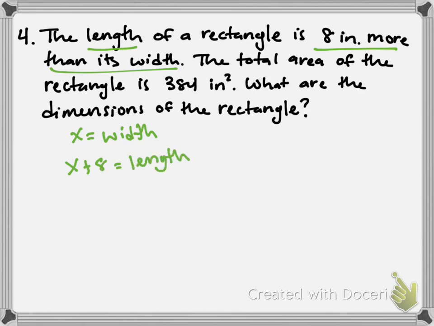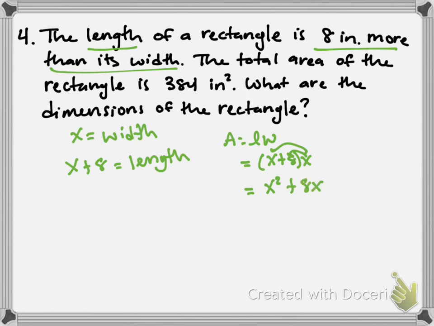All right, think about how you find area of a rectangle. Area is length times width. So if my length is x plus 8 and my width is plain old x, can I multiply those out? Sure I can, right? If I distribute my x, I get x squared plus 8x, right?